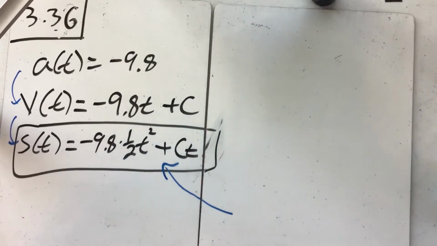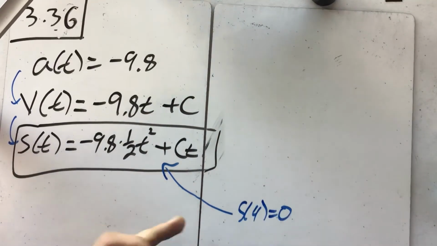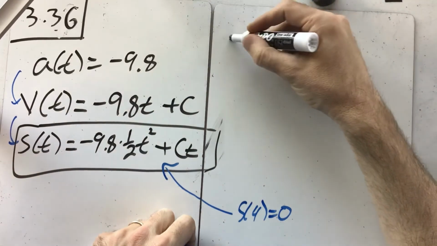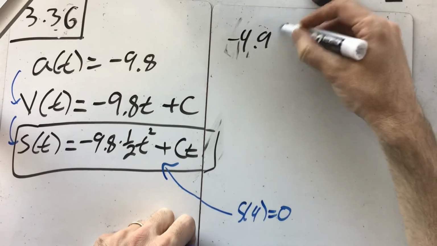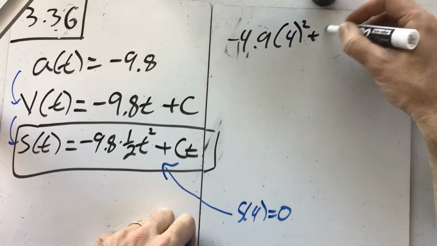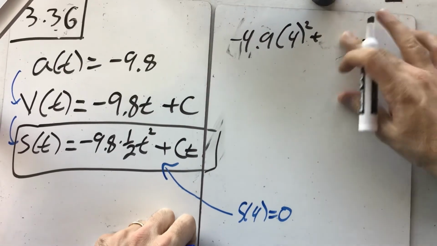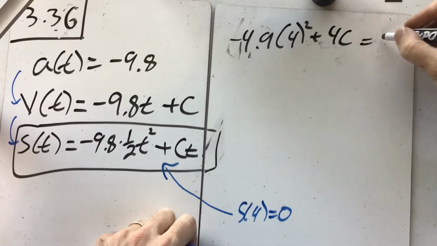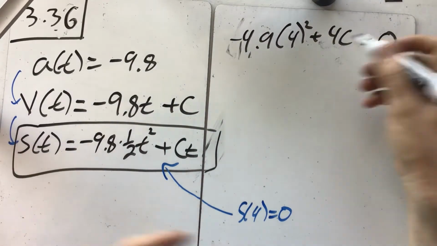All right, so let's go try that. And let's plug s of 4, oh, sorry, s of 4 equals 0. Let's plug that in, and what if I just come over here on this space and plug that in? And so we've got negative 4.9 times 4 squared plus c times 4, just going to write 4c, equals 0. And now I can go try to figure out what c is.